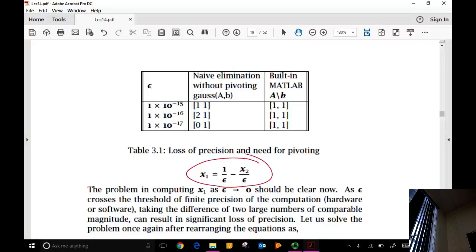So this illustrates this notion of round-off error. We talked about truncation error as an important concept that we need to understand in numerical analysis. Round-off error is another important concept. Here, this is a very large number, and this is a very large number, and you're taking the difference of these two large numbers, and if they are larger than 16 digits, MATLAB carries about 16 significant digits, right?